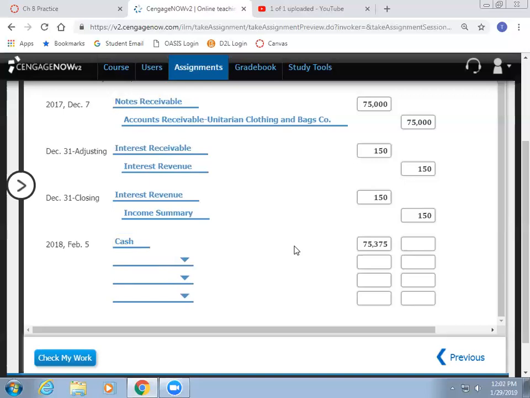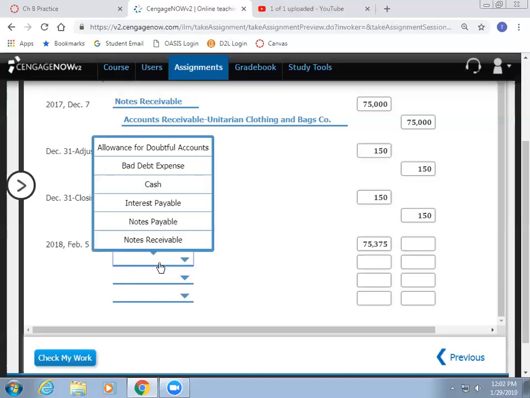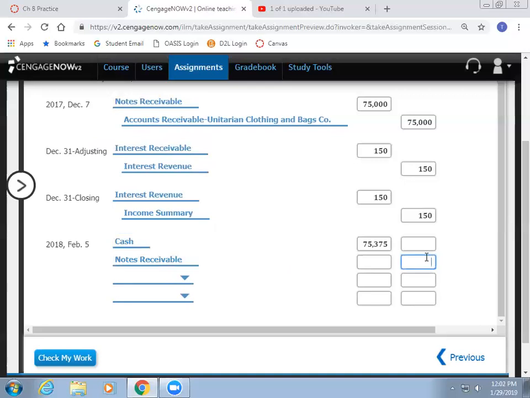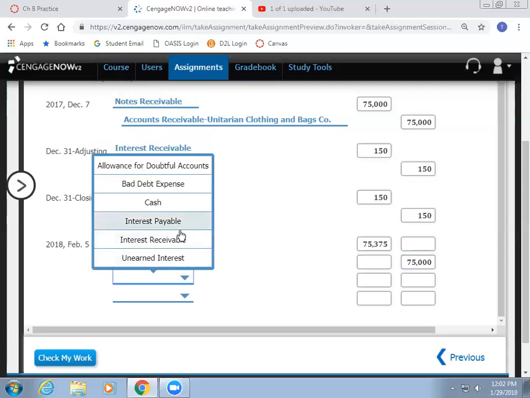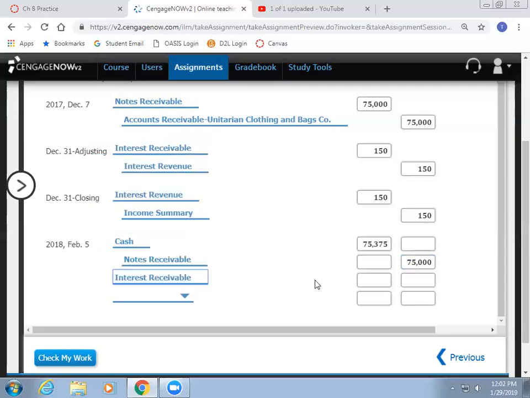Notes receivable gets credited the 75,000 original amount. And then I'm going to credit interest receivable for 150. That adjusting entry I put in up here on December 31st, I debited interest receivable.